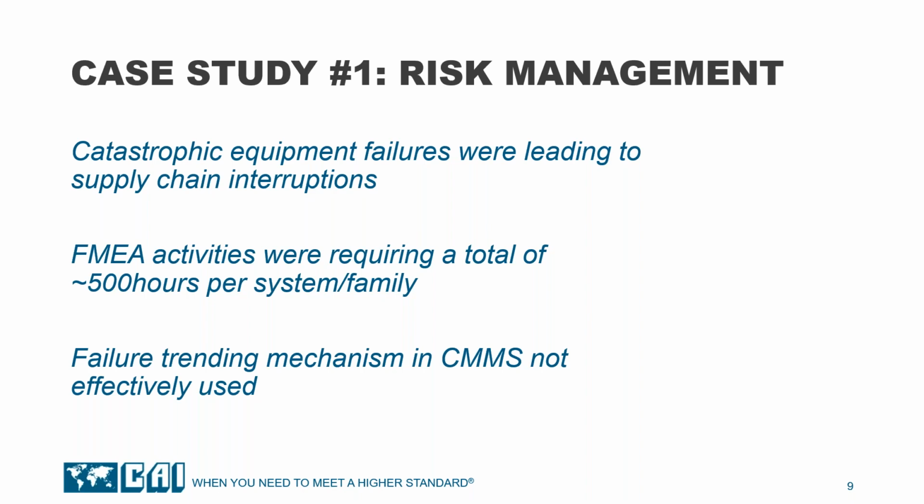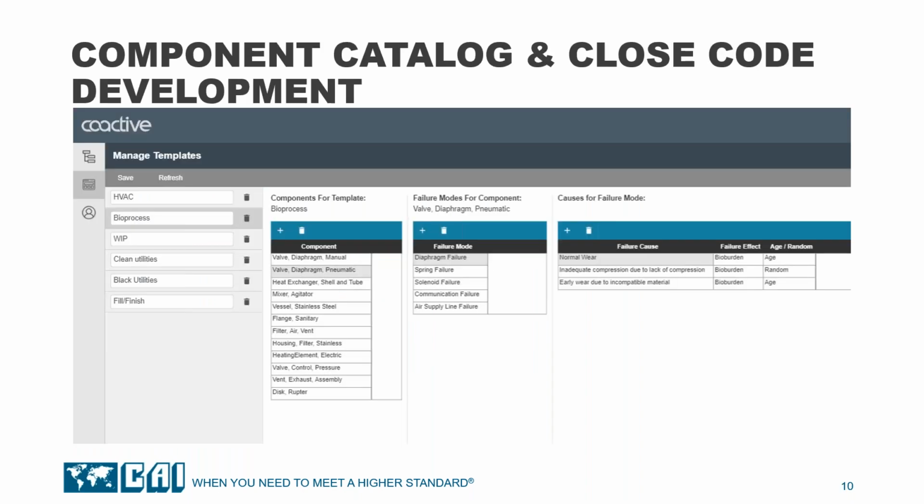What we found is that, quite honestly, a pump is a pump and a valve is a valve, and they all fail in much the same way no matter where they're used. So what we created, and what you'll see on the screen, are some of our management templates: a library of components.